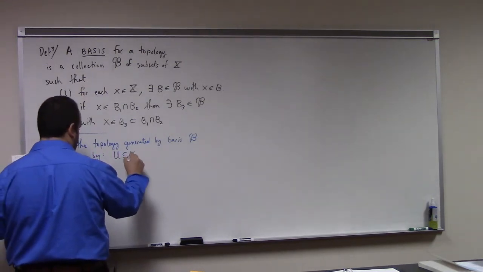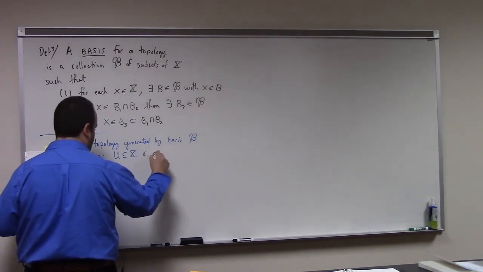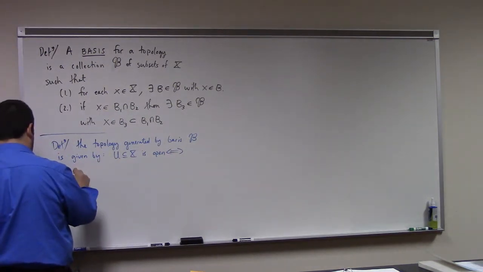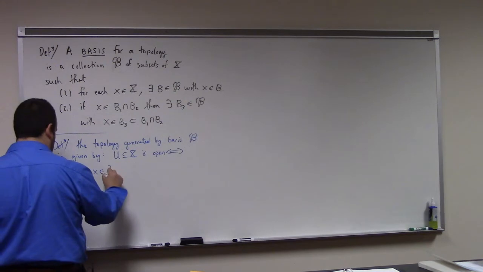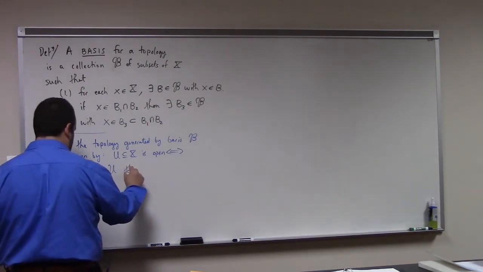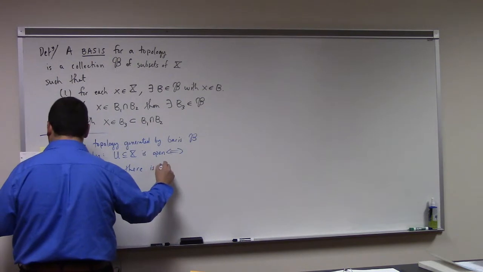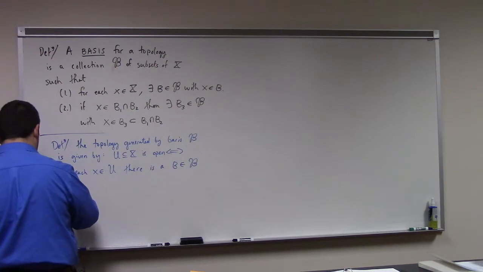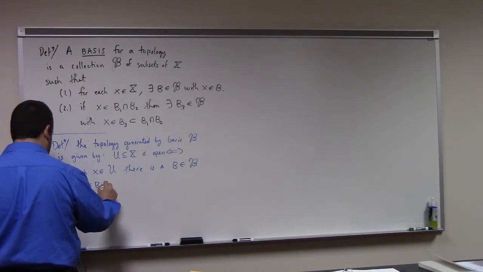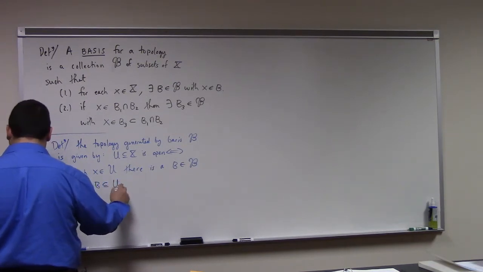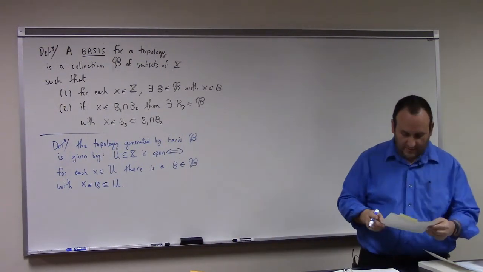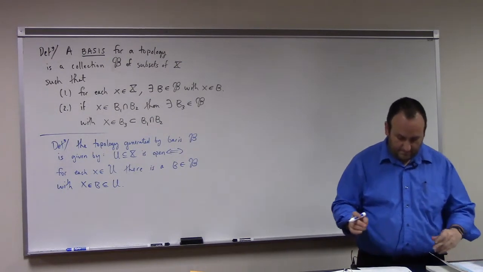U, a subset of X, is open if and only if for each x in U, there is B in the basis with x in B, which is a subset of U. The collection of such U is the topology which is generated, right?